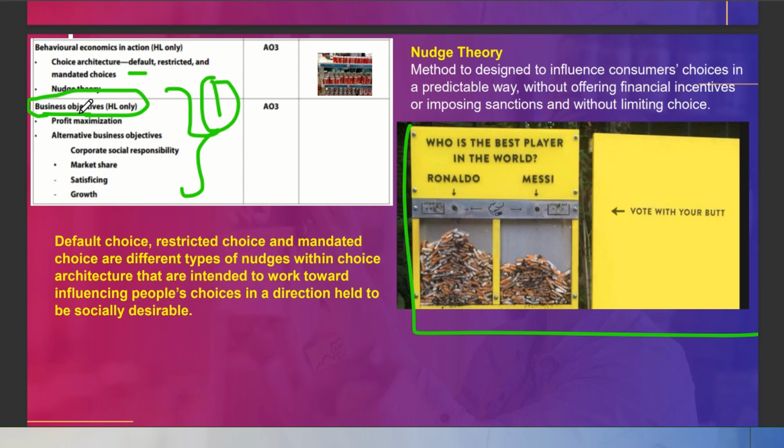In this area, you can expect a question, with a real-world example, such as: evaluate whether profit maximization is the only business objective. So please be thorough in this part also.